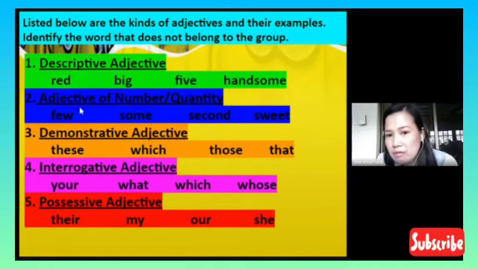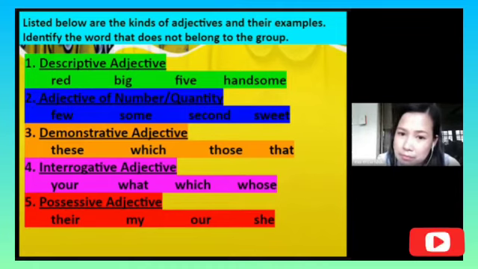Number 2, adjective of number. Lahat to example of adjective of number except one. Ano yun? Few, some, second, or sweet. Okay, number 3, demonstrative adjective. Is it this, which, those, that?